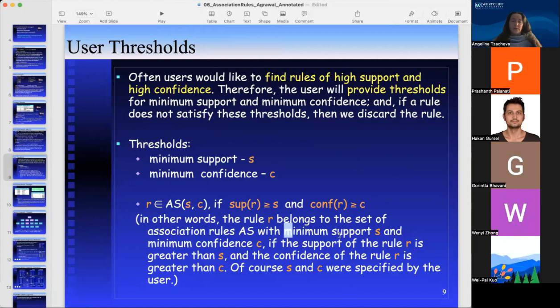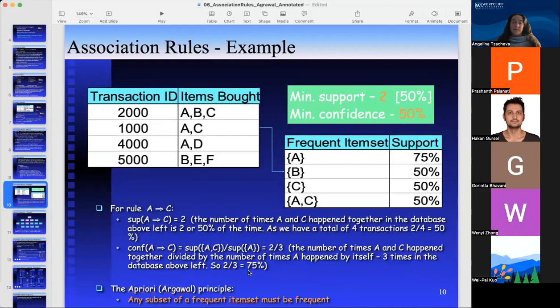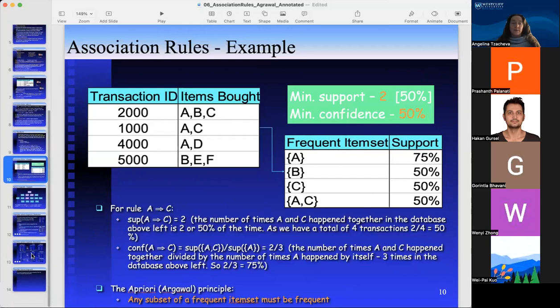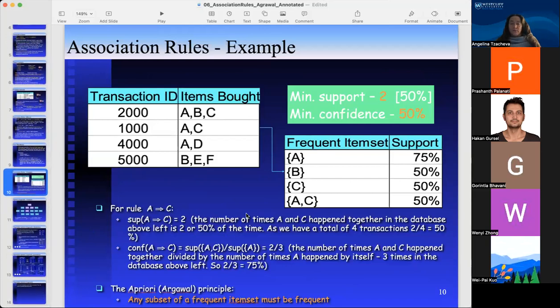The rules that we're extracting need to have specific values for the support and the confidence for us to consider them frequent and give this knowledge to the user as knowledge that was discovered from the database.